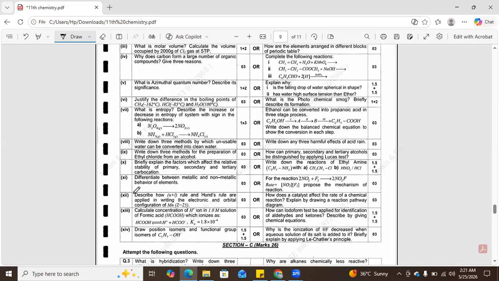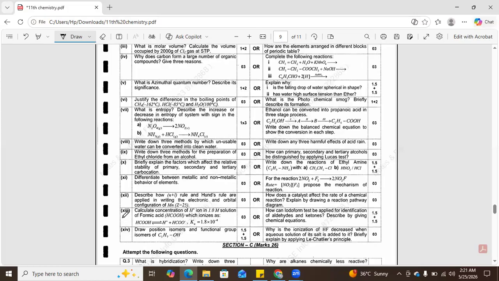Number 11 is differentiate between metallic and non-metallic behavior of elements. Number 12, describe how n+1 rule and Hund's rule are applied in writing the electronic and orbital configuration of Mn, Z is equal to 25.